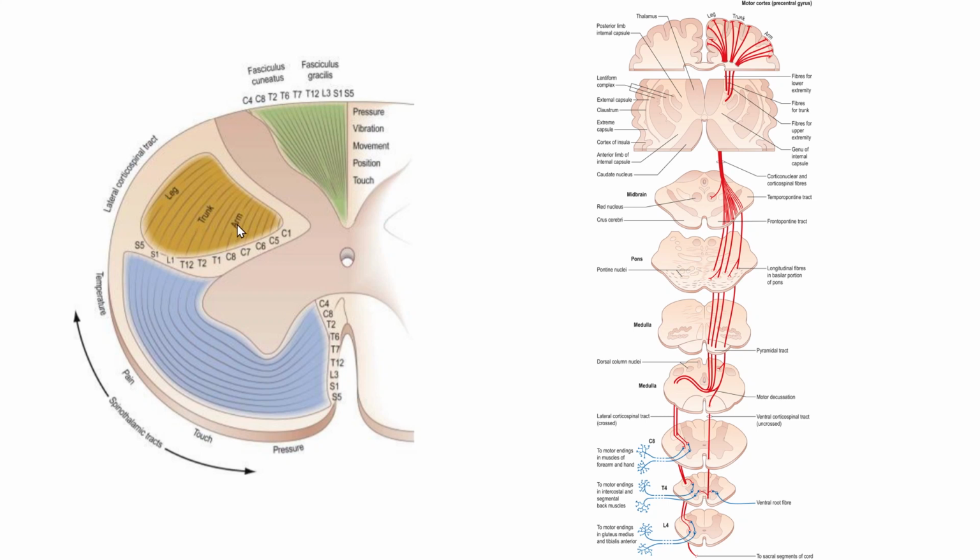And we can understand the logic of this by thinking that as we descend down through the cord, these axons most medially first get peeled off to supply the ventral horn of the upper limb. Descend further down, then we peel off these axons for the trunk in the thoracic cord. Descend further down from that, and then only these axons are left to supply lower motor neurons of the lower limbs.